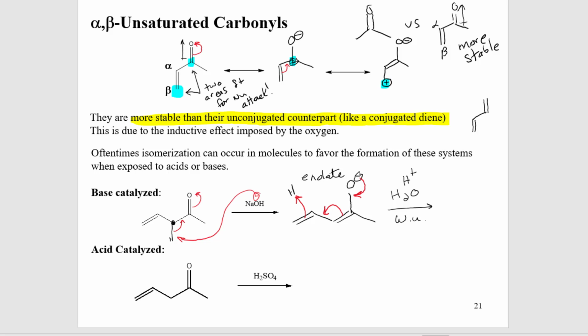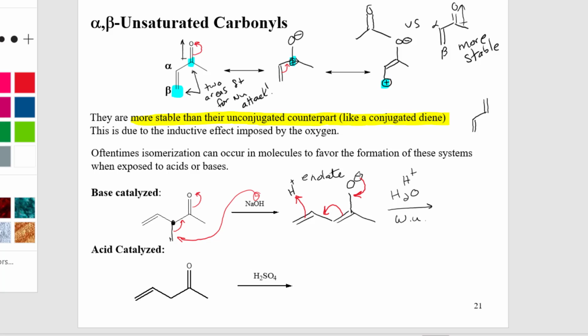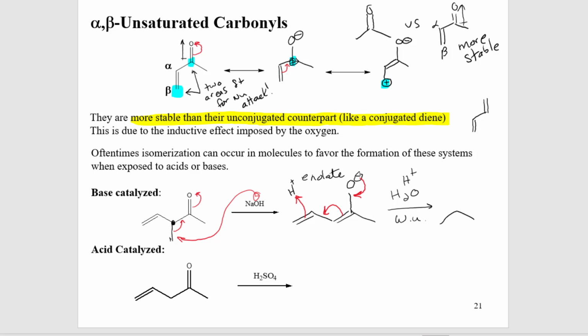It's just going to cascade and give you the alpha-beta unsaturated carbonyl. So under basic conditions, this is called an isomerization. And the driving force for this isomerization is to get to the conjugated alpha-beta unsaturated system.